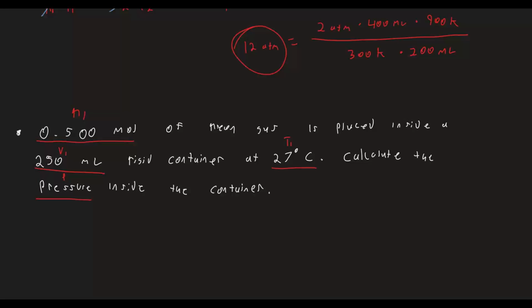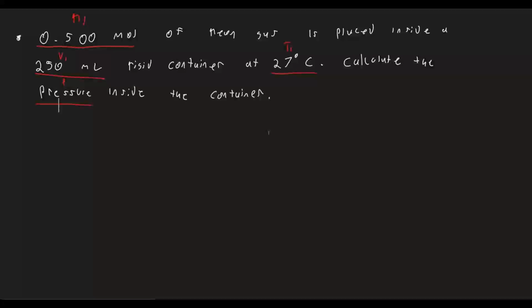So, based on this, which equation or law should we use? Yep, we will use the ideal gas law, which is PV equals nRT.